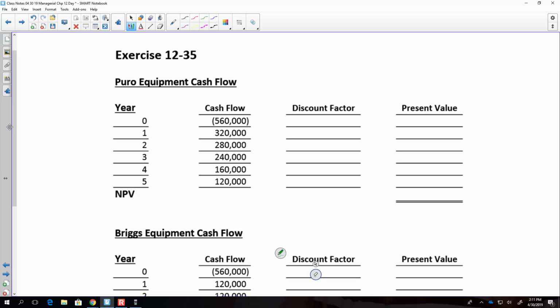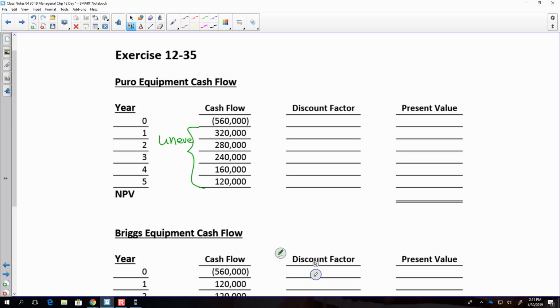We have a company looking at two different alternatives. Puro has a piece of equipment, and then Briggs has the other. We're trying to determine which one is our best choice. And in this case, the cash flows are uneven.